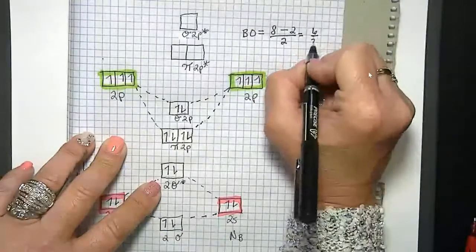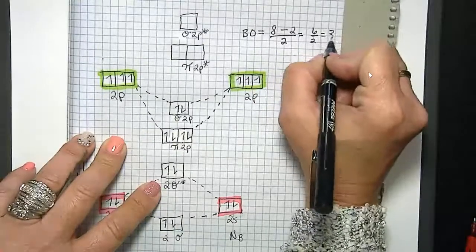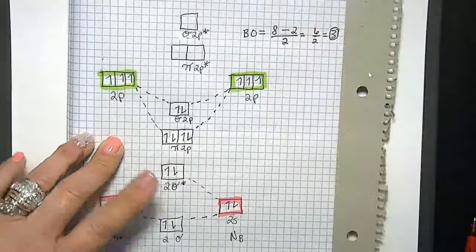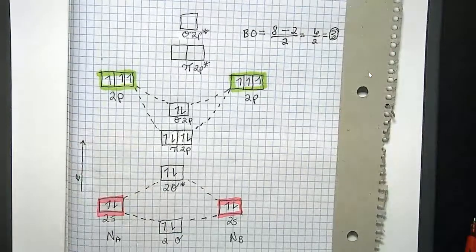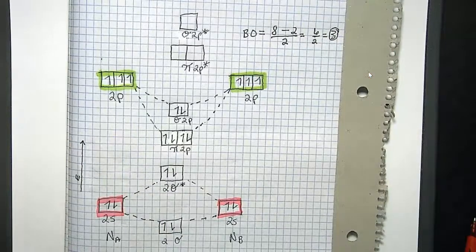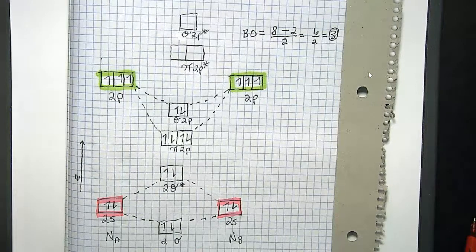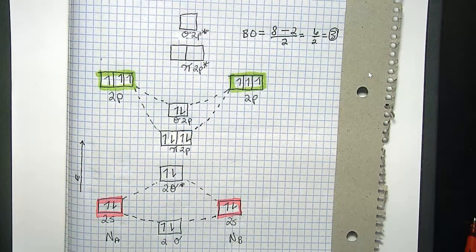So 6 divided by 2, it's a bond order of 3. What does that tell us about the bond between the 2 nitrogens? What does our bond order tell us about the bond, generally speaking? It's stable, right? The higher the bond order, the more stable it is.